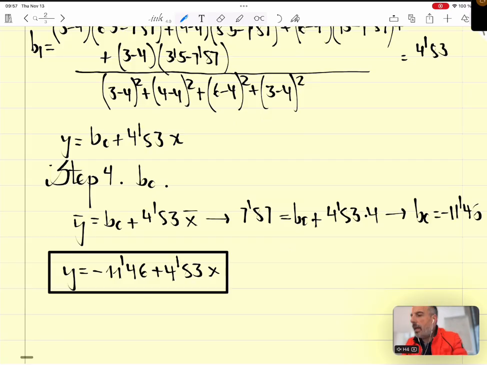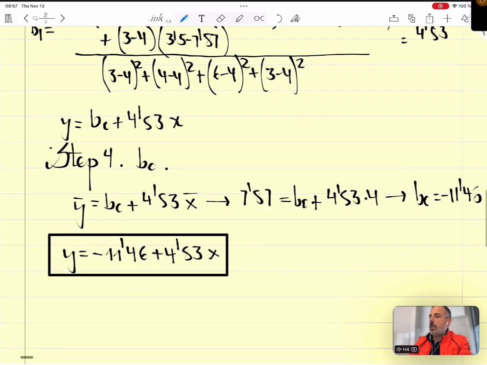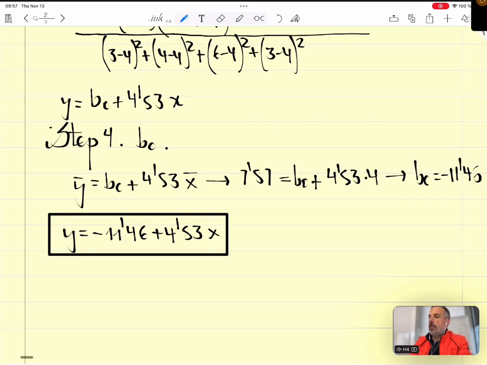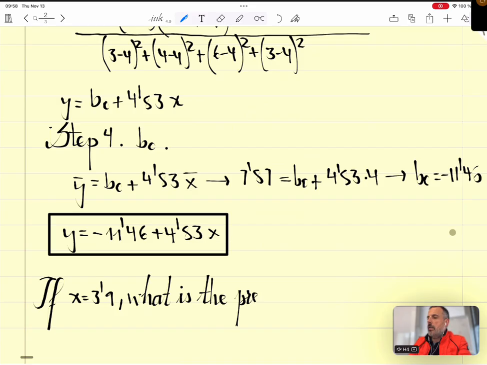Now I can say, how do we make the prediction? If, I don't know, x equals 3.9, what is the predicted value of y?